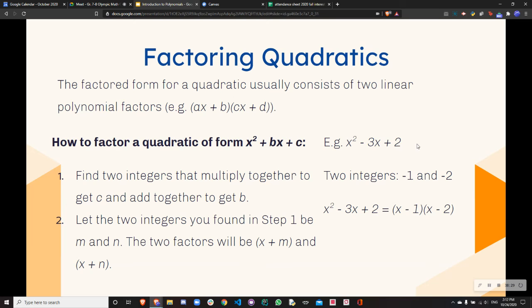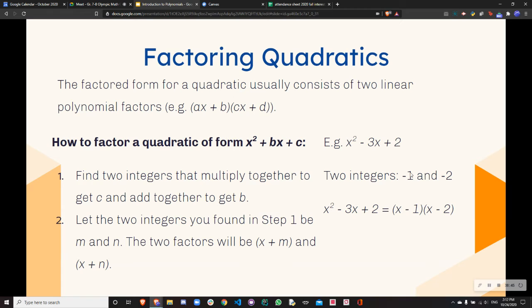But right now, we're looking at how to factor this quadratic, x squared minus 3x plus 2. We're trying to find 2 integers that multiply to get positive 2 and add to negative 3. These integers are negative 1 and negative 2.